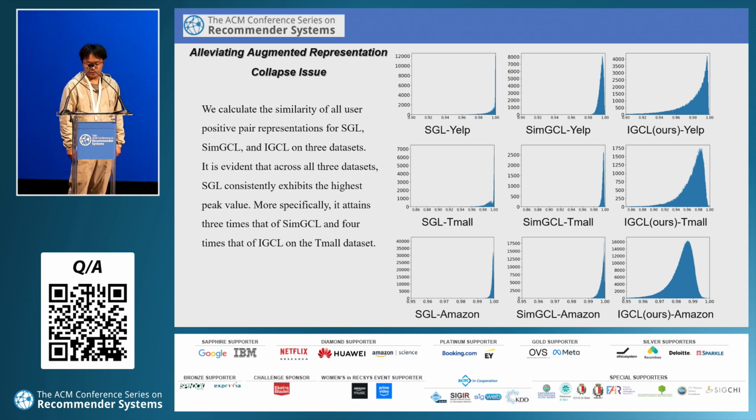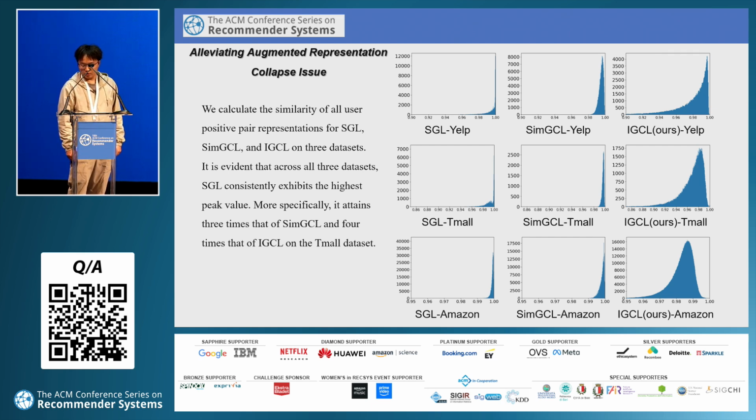Beyond the peak values, observing the range of similarity distribution, SGL and SIM-GCL are more concentrated than IGCL on all 3 datasets. They are primarily distributed in the range of 0.98 to 1, whereas IGCL has a broader distribution than the baseline contrastive learning methods.